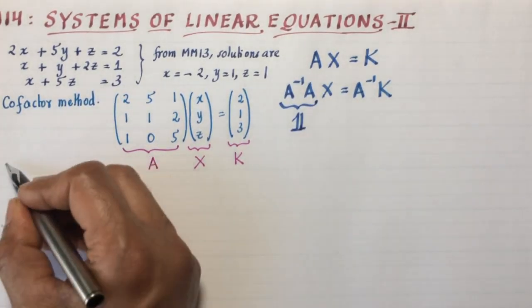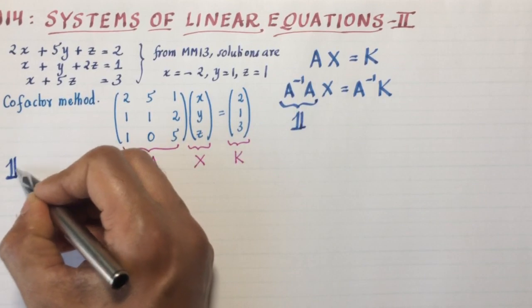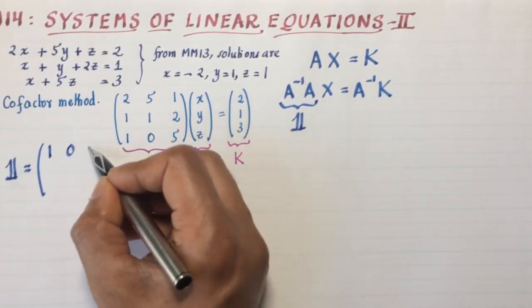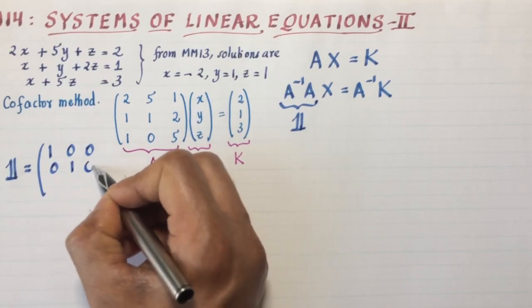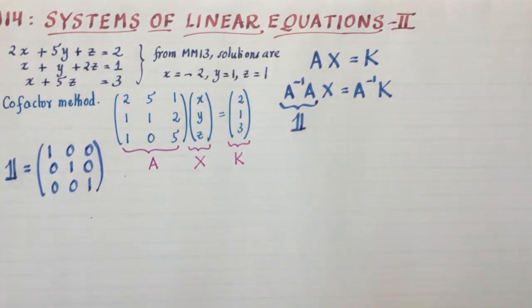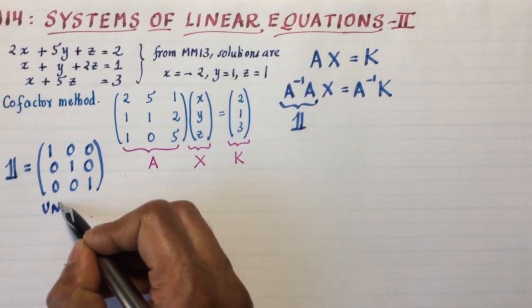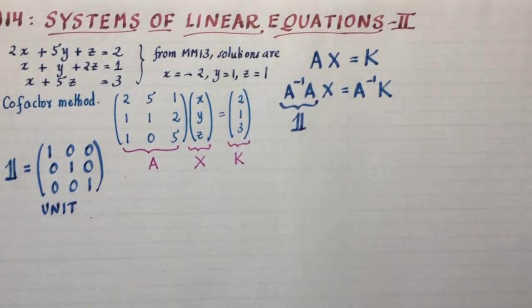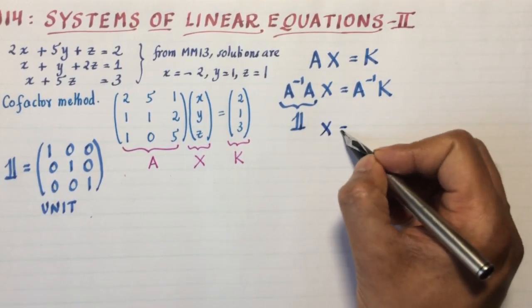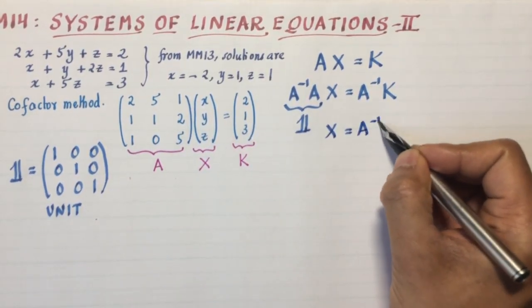By the way, the unit matrix itself looks like this. It has zeros everywhere except the diagonal, and the diagonal is all 1. This is sometimes called the unit matrix. So I'm getting the solution. X is A inverse K, and we have solved the problem.